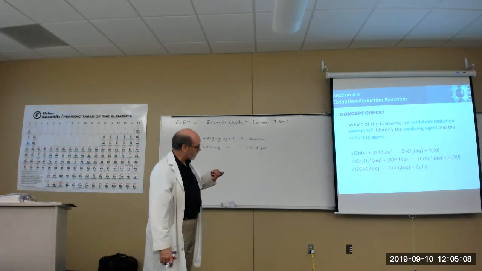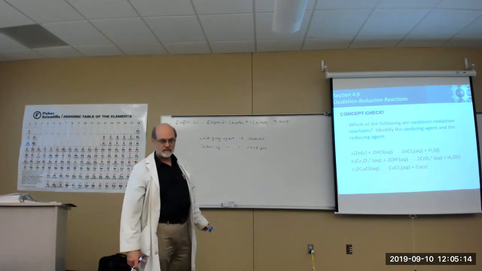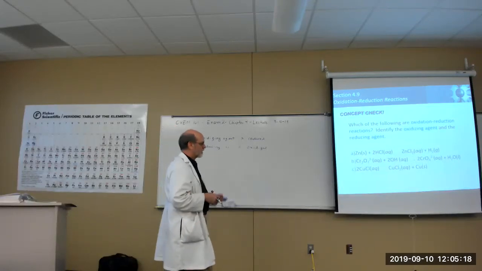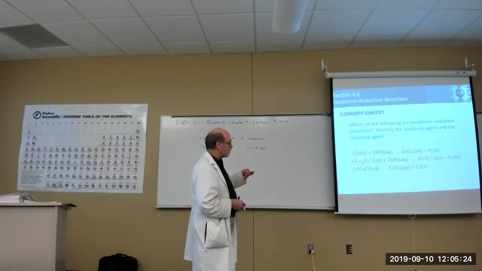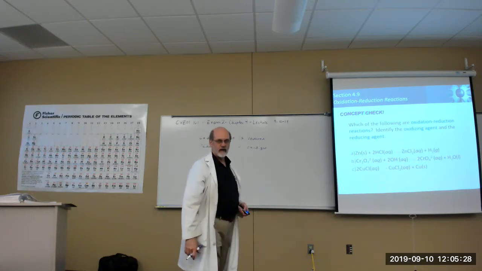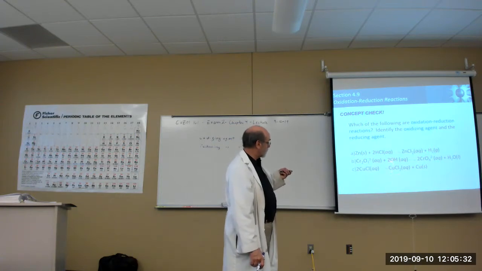Here we have copper in a compound. It shows up as an element. That's an oxidation reduction. In fact, it's a special kind. I'll describe it in a second. This one is a little more problematic. In this one, you need to determine the oxidation states of your elements. And typically, this oxygen is the same on both sides.